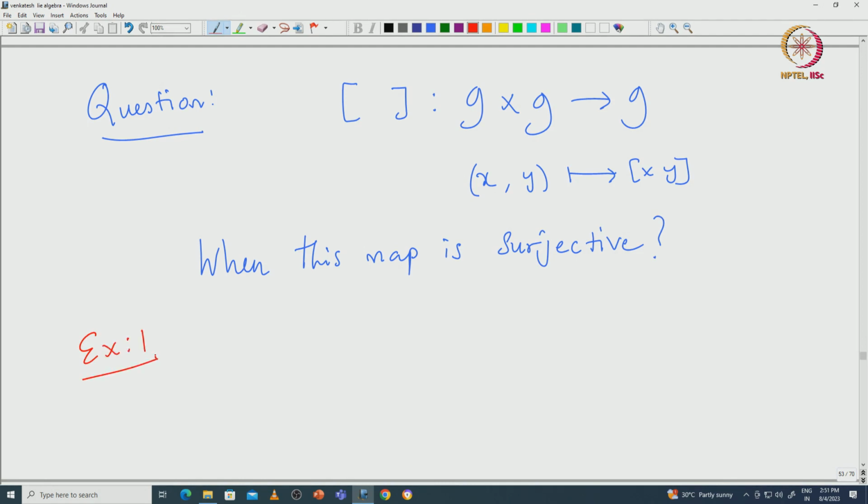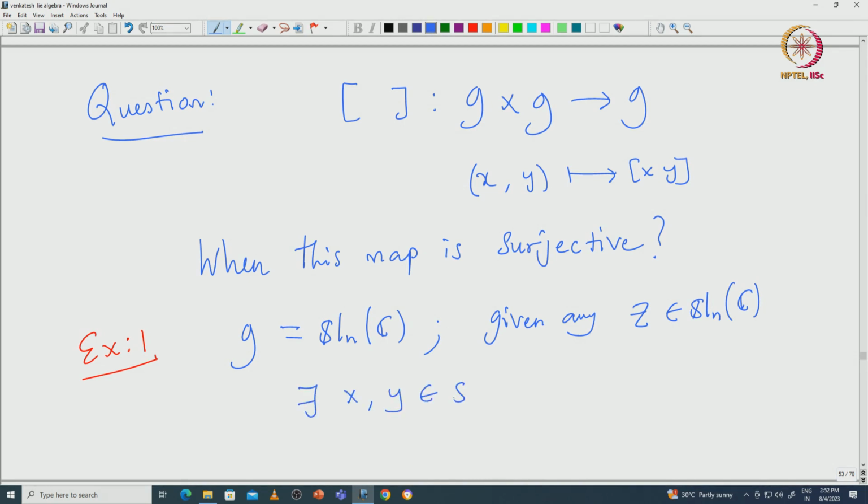That exercise is going to answer this for SL(n, C). If you take SL(n, C), then the answer to this question is affirmative. Let me write it in detail. Given any matrix Z inside G, that is, a traceless matrix, there exist some x and y again inside SL(n, C) such that Z can be written as the bracket of x, y.